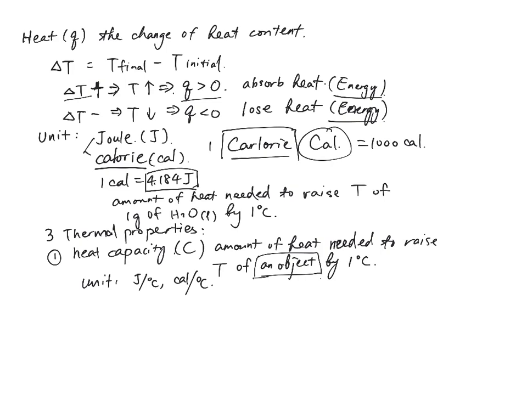Okay? And obviously, you can see it takes a different amount of energy to change the temperature of those 3 objects by 1 degree Celsius. A cup of water, you probably don't need much heat to get the temperature up.